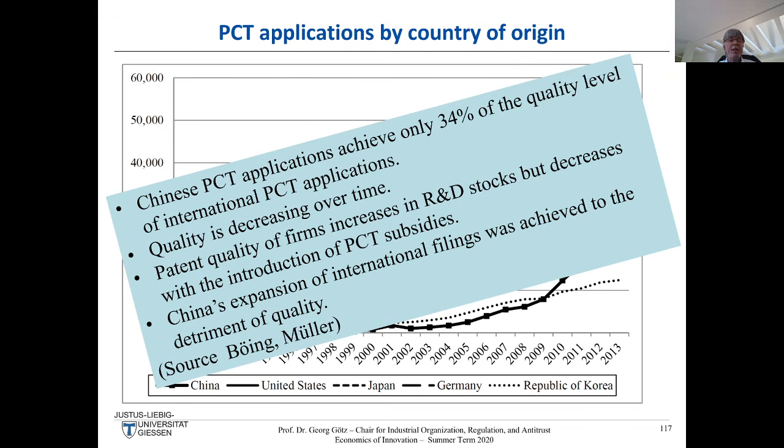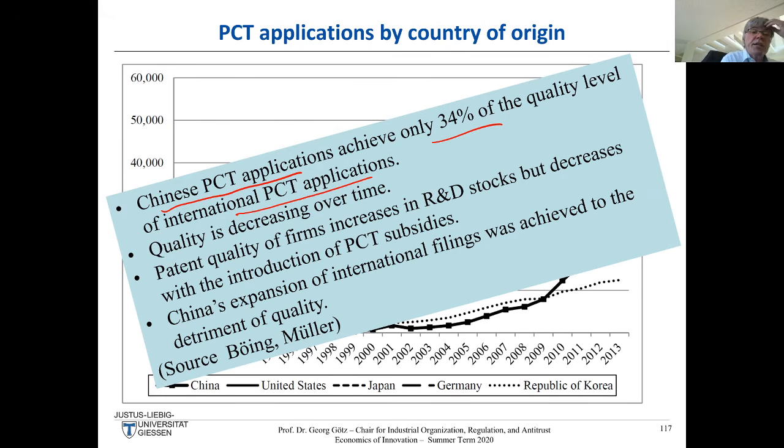They use so-called patent citations. If you file a new patent, you have to also state the literature, the patents your technology builds on. And what you see is that these Chinese patent applications achieved only 34% of the quality level of the other international PCT patent applications.